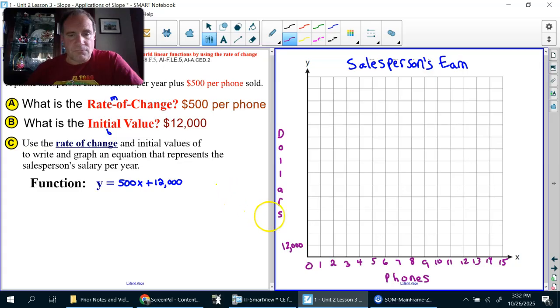Rise of 500, run of 1. So it's 12,500, 13,000, 13,500, 14,000. And you go up just like this because your initial value is the 12,000. That's what the salesperson gets paid if he or she sells no phones.